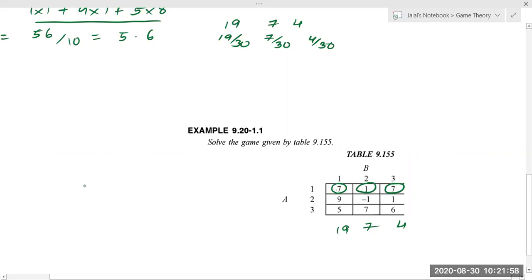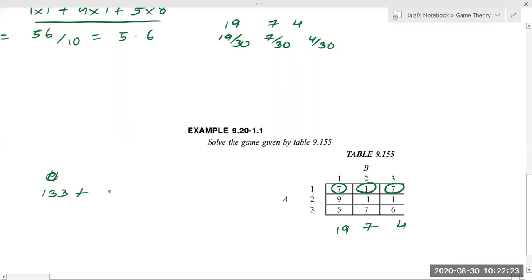Can you see 7 into 19? 19 sevens is how much? I think 119, if I'm not wrong. No, just 133, I think. Calculate. Is it 133? Yeah, 19 sevens are 133.